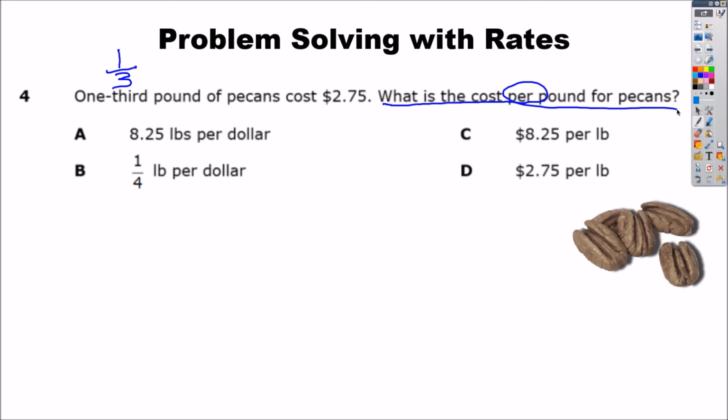Okay, so if you know it's 1/3, 1/3 pound is 2.75. So you know you're going to have to divide, right? But do we ever take 2.75 and divide it by 1/3? No, remember what I said. Keep it, change it, flip it.